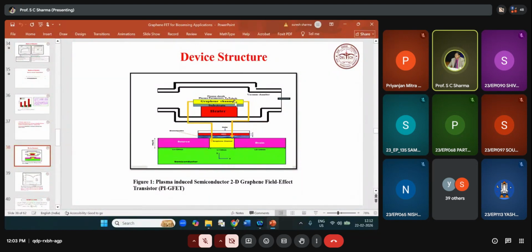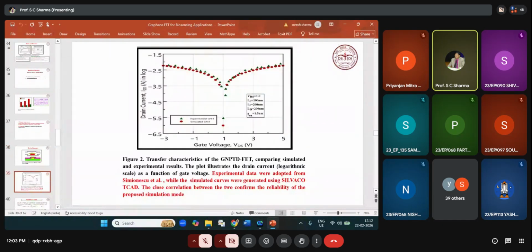Here this is the graphene channel, this is the heater, this is the substrate, plasma sheath. This is the device structure, and this is in fact the simulated result, with the same experimental and simulation results, using Silvaco TCAD.